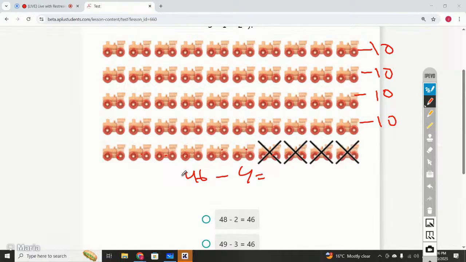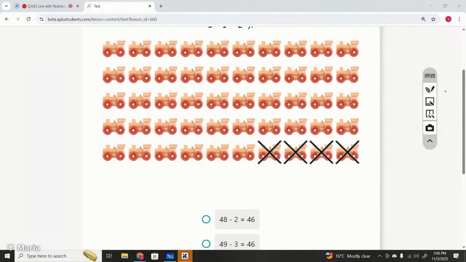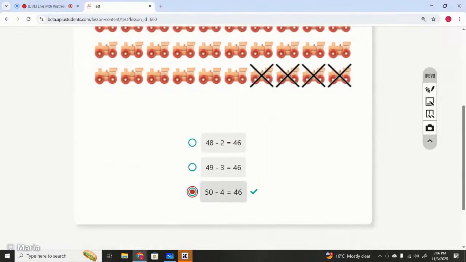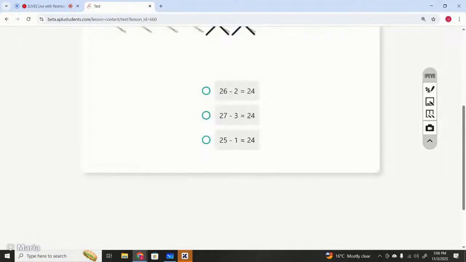Sorry, the total is 50. 4 of them are crossed out. So 50 minus 4 equals 46, right? 46 of them did not get crossed off. The correct option is 50 minus 4 equals 46.